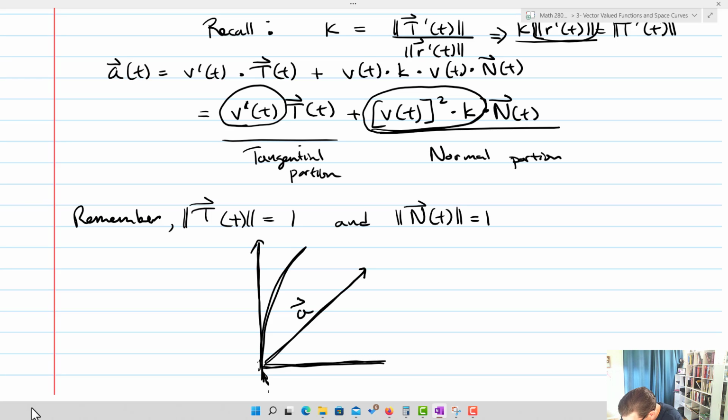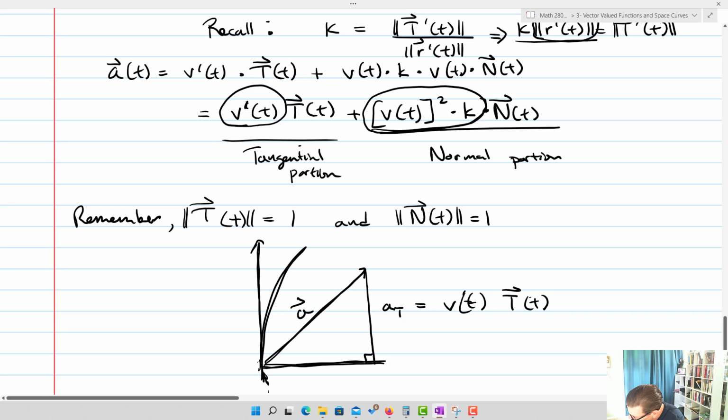Okay, so we've got a right triangle here, and we've got a sub T, the tangential component of the vector, and that'll end up equaling v prime of t times T of t.